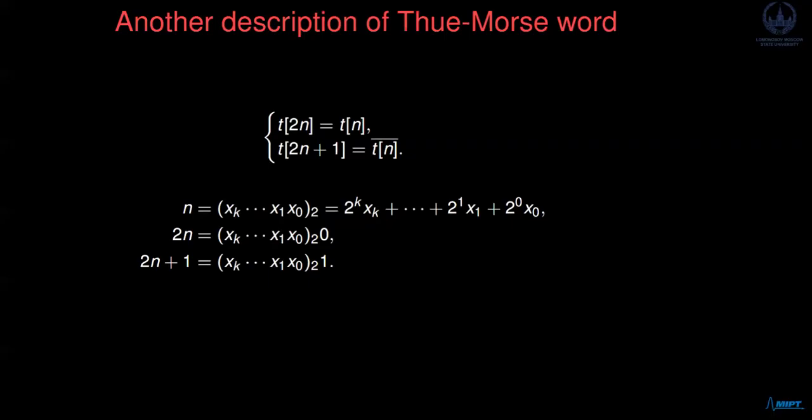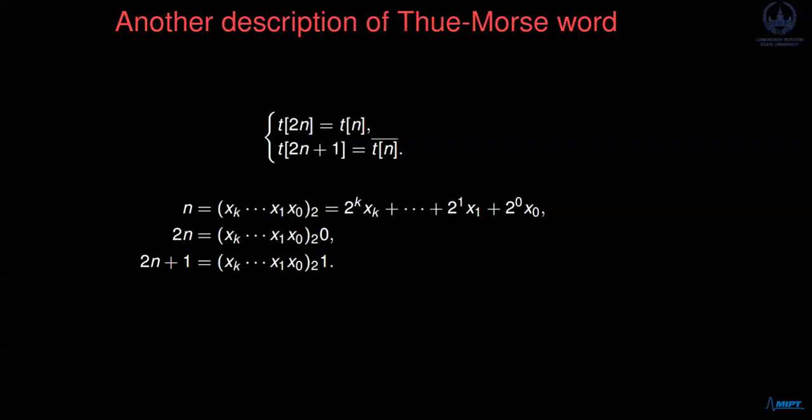Recursive structure: as we saw earlier, the Thue-Morse word can be defined recursively by t of 2n equal to t of n, and t of 2n plus 1 is the complement of t of n. This emphasizes how the value at even indices is the same as the value at the corresponding half index, and the value at odd indices is its complement.